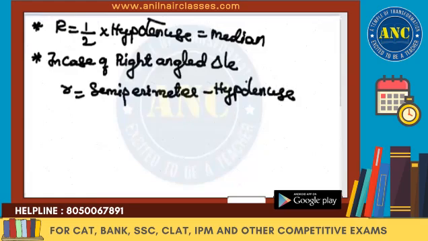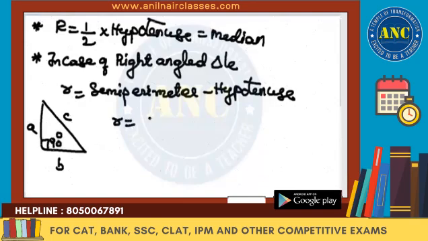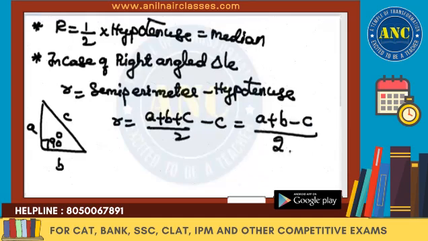We already discussed it in geometric center, just a slight revision. If I take the sides as A, B and C with 90 degrees, then r is nothing but (A plus B plus C) by 2 minus C, which is A plus B minus C by 2. Inradius is always A plus B minus C by 2.